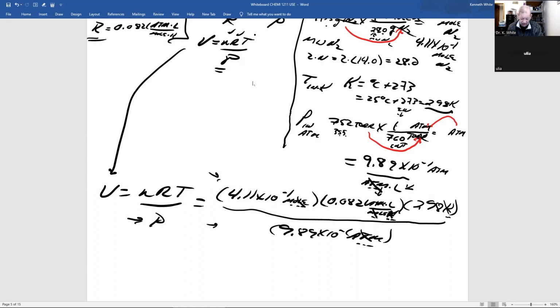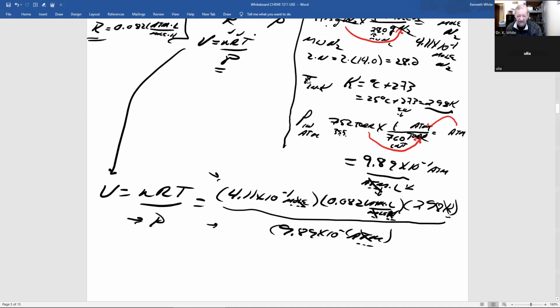So now I can happily pick up my calculator and take 4.11 E minus 1 times 0.0821 times 298. That equals something. Divide that by 9.89 E minus 1.